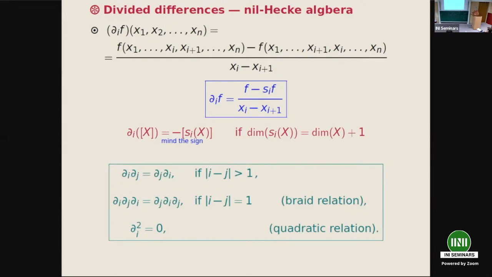This is divisible. This is an exercise even for below university level. Okay, and in Schubert calculus, this divided difference computes from one Schubert class of one Schubert cell to the other Schubert classes.